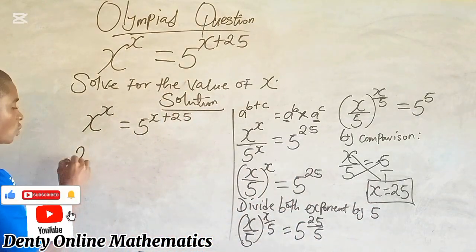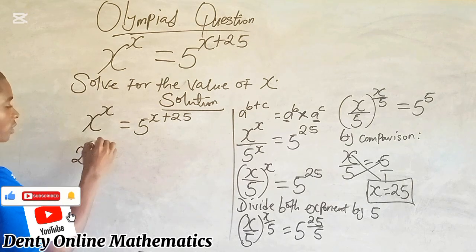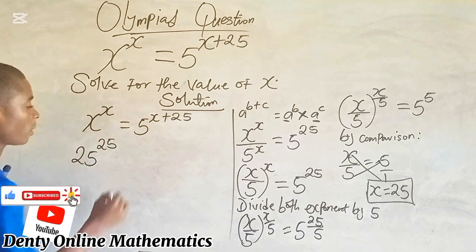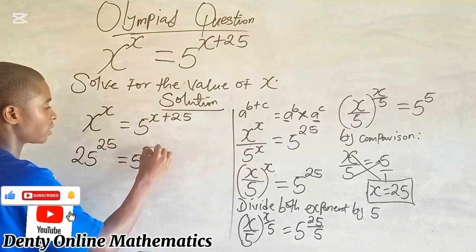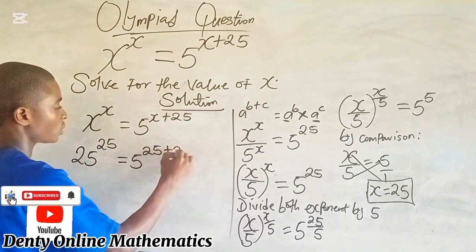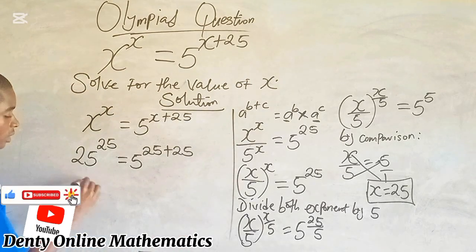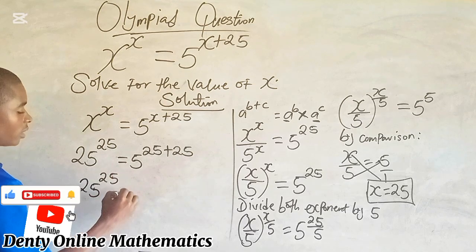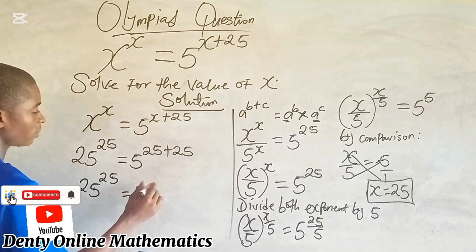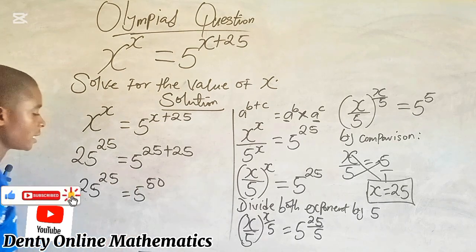So this will be 25 raised to the power of 25 also equal to 5 raised to the power of x, which is 25 plus 25. Now this is 25 raised to the power of 25 to be equal to 5 raised to the power of 25 plus 25, which is 50.